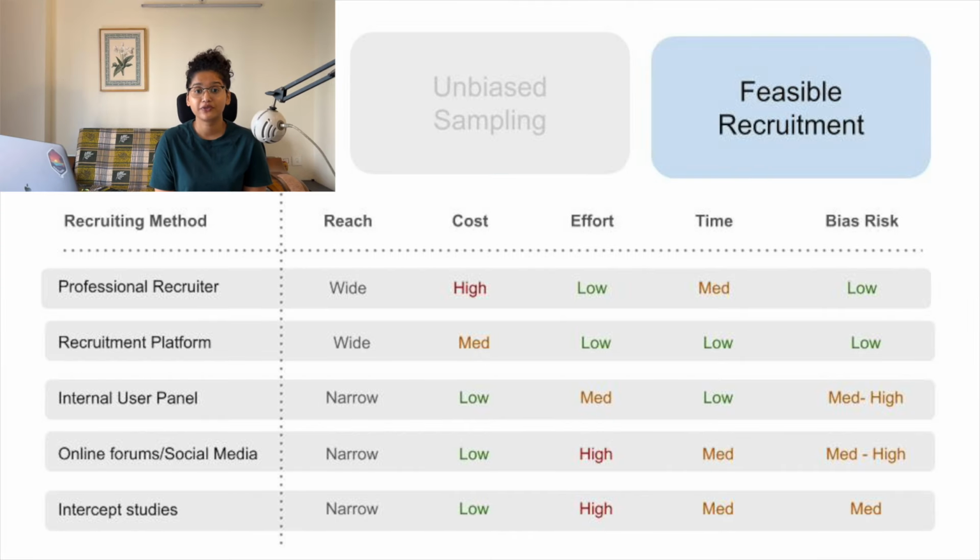So when talking about feasible recruitment, there are a couple of methods that you can use to find people that you want to talk to.